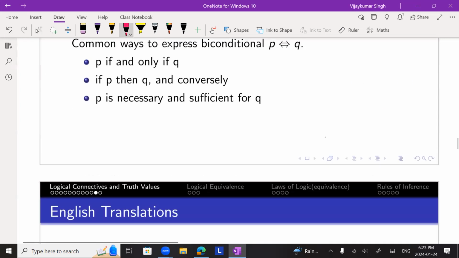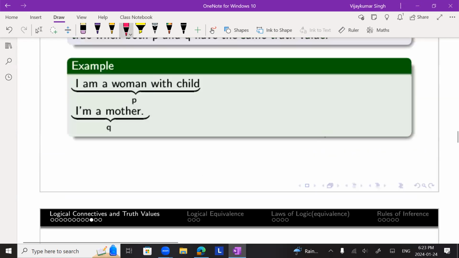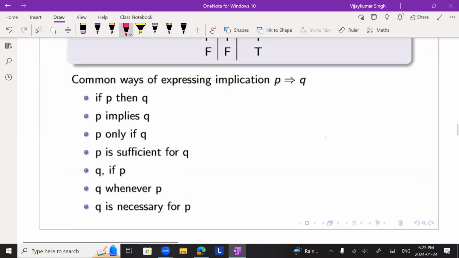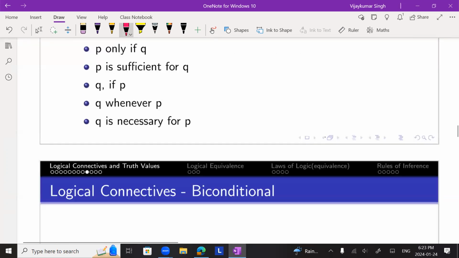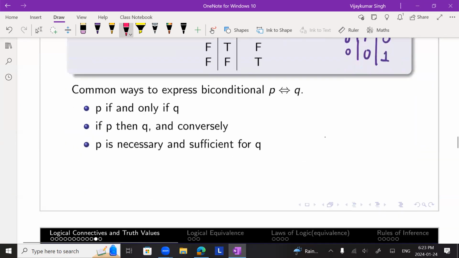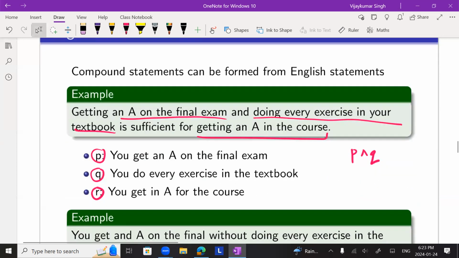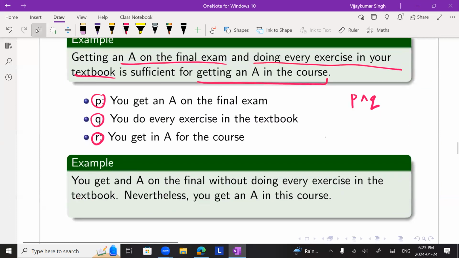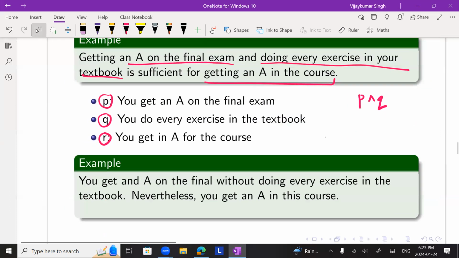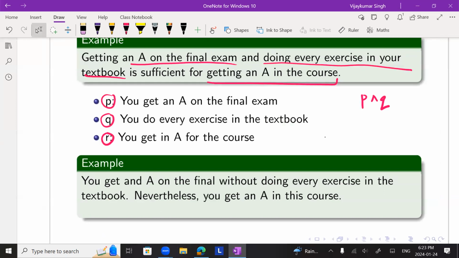If you go back, P is sufficient for Q, isn't it? P implies Q means P is sufficient for Q. So getting an A in the final exam and doing exercises in the textbook is sufficient. That means this together implies what?